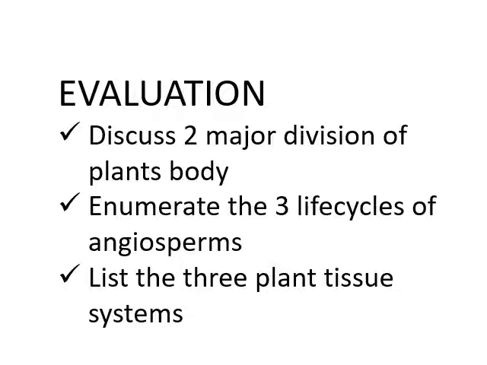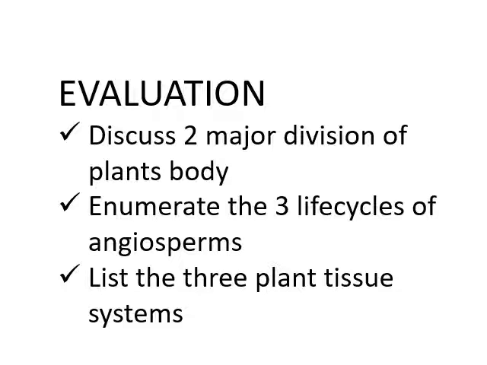Then, we are going to list the three plant tissue systems. The three plant tissue systems go this way. The ground tissue system, one. These tissues are very extensive, like I said.